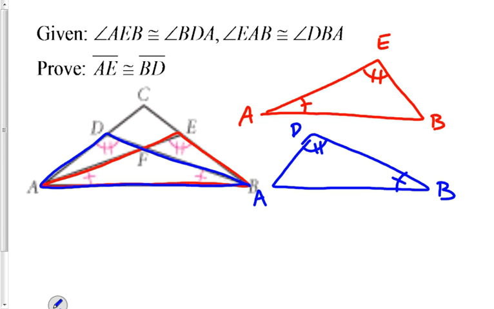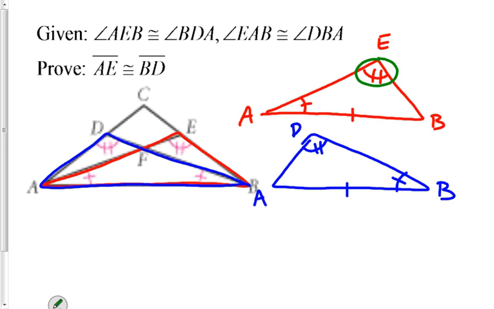And when I look at my overall diagram, I can see that this side right here, AB, is part of both of my triangles, AB and AB. So I know that AB will be congruent to itself. So I can mark this as congruent to this. Now looking at my triangles, I have angle, angle, side.